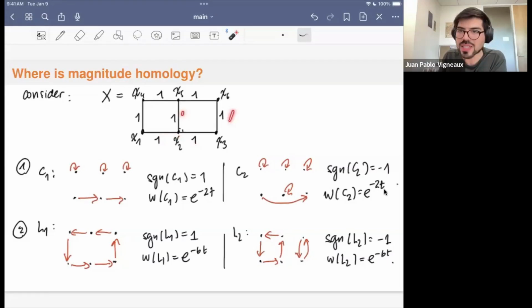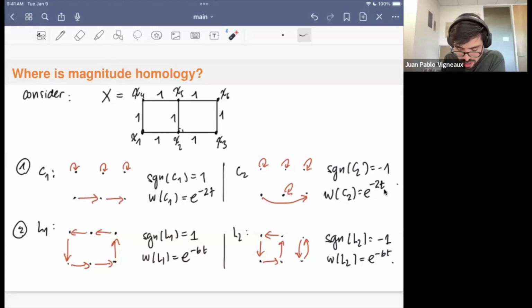Everything is at distance 1. I will present 2 examples, one with connections, one with linear subdivisions. So consider these 2 connections. You can have a connection which is given by a path from 1 to 3, and then these self loops. This connection has sign 1.